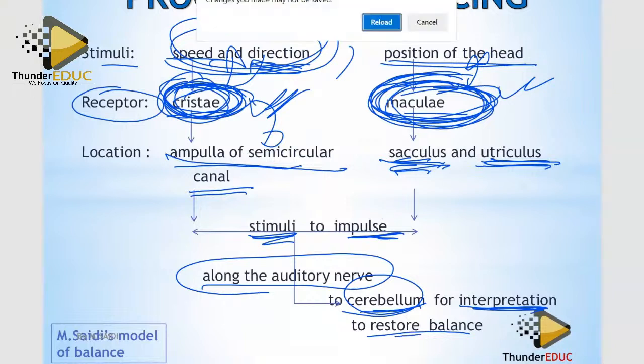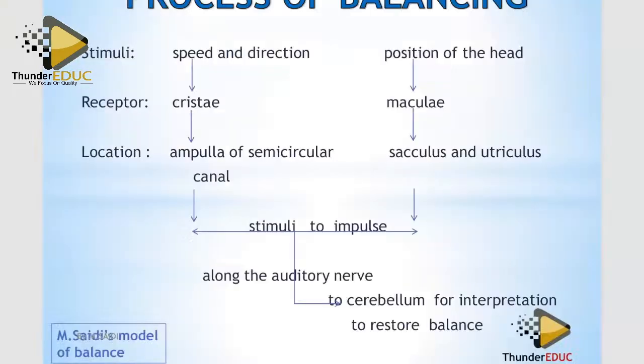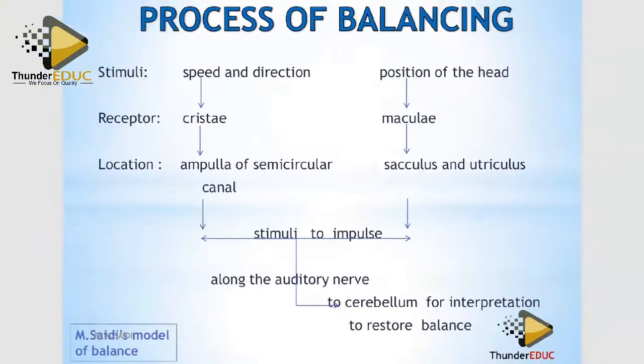Okay, now let's repeat. Let's now say, how do we write in the paper using the Saidi model of balance? Step 1, you need to identify the stimuli. Step 2, you need to identify the cristae. Step 3, you need to know the location. Step 4, now you need to combine the two.